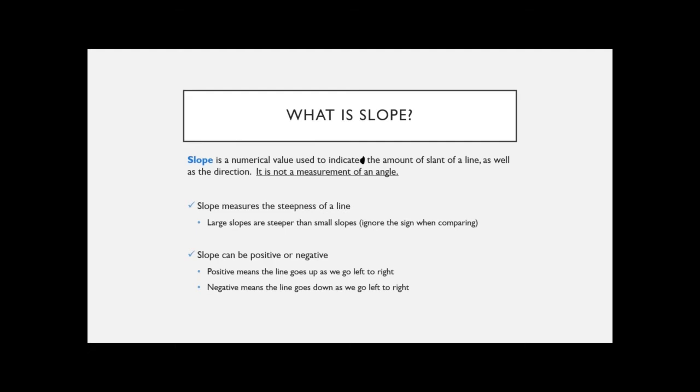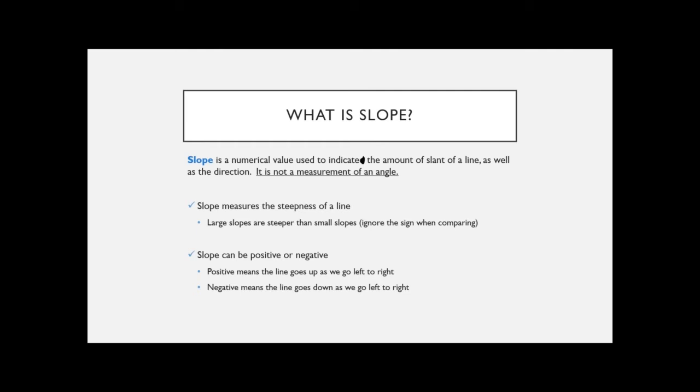So they're looking at two very different things, and they're related because you can find the angle if you know the slope, but they're not the same thing. And for those that have to go on to pre-calculus, this is something that I've seen a lot of people get confused on, because once you get to trig, you're trying to find angles, and some people give the slope instead. They're not the same thing.